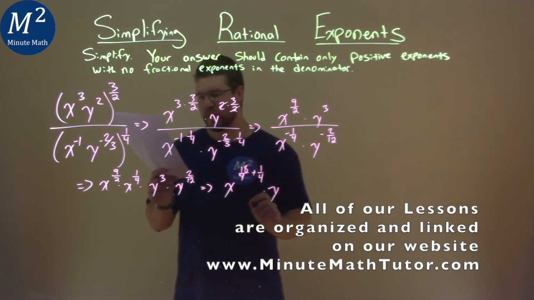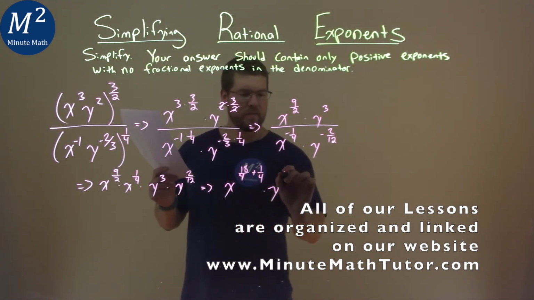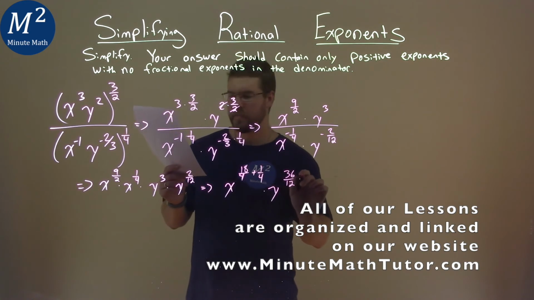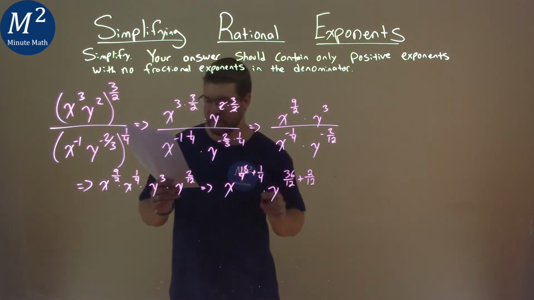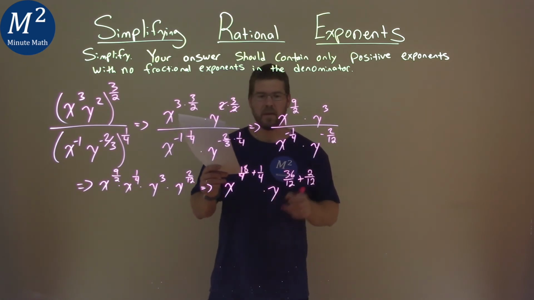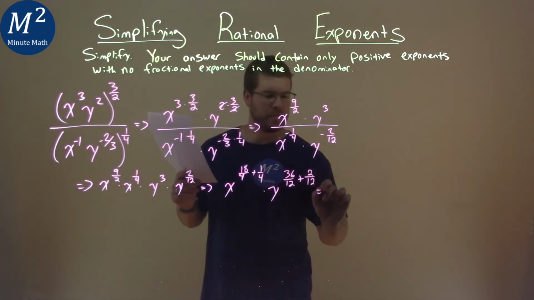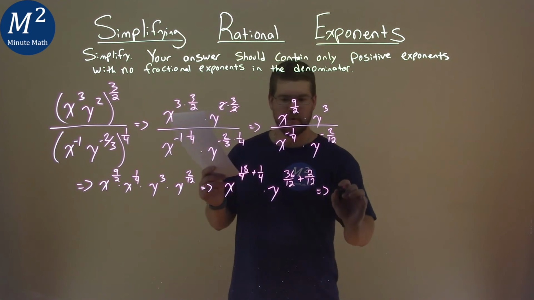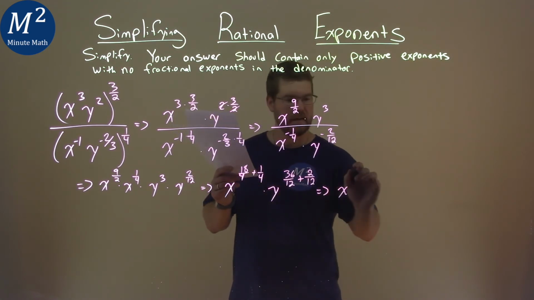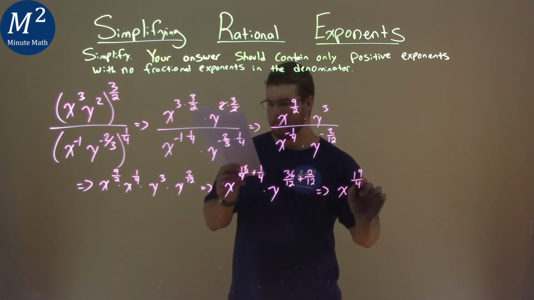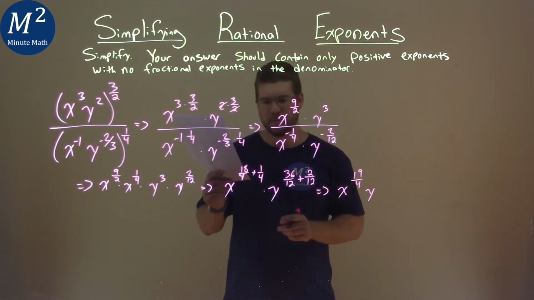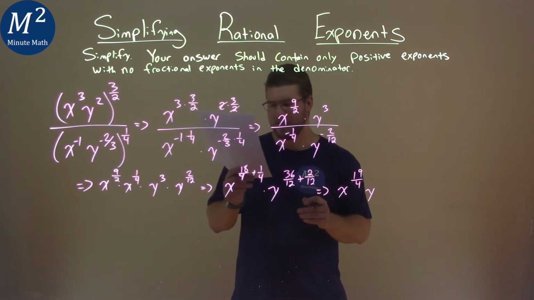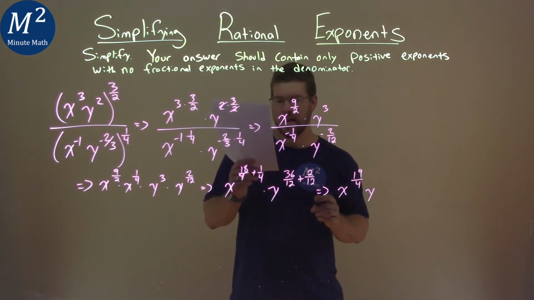And then y, we're doing the same thing. 3 is the same thing as 36 over 12, and 2 over 12 stays there. Keep simplifying here. We have x to the, adding the exponents, 19 over 4. And then we have y, 36 over 12 plus 2/12.